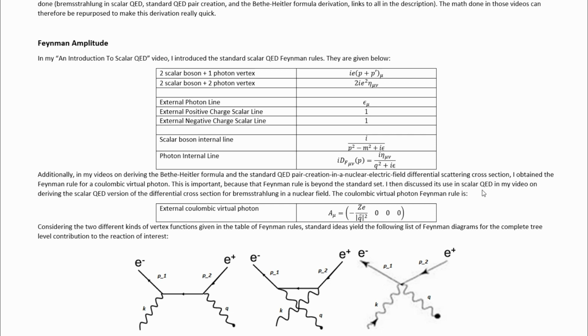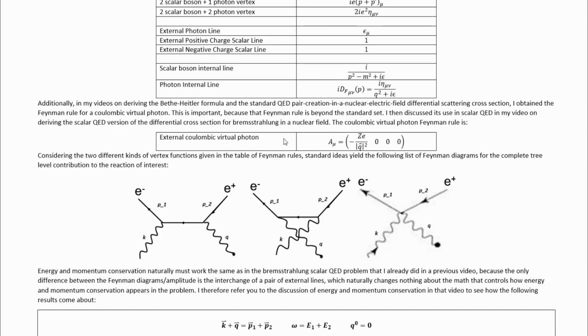I then discussed its use in scalar QED in my video on deriving the scalar QED version of the differential scattering cross-section for Bremsstrahlung in a nuclear electric field. The Coulombic virtual photon Feynman rule that I revealed in those two videos is this: considering the two different kinds of vertex functions given in the table of Feynman rules, standard ideas yield the following list of Feynman diagrams for the complete tree-level contribution to the reaction of interest.